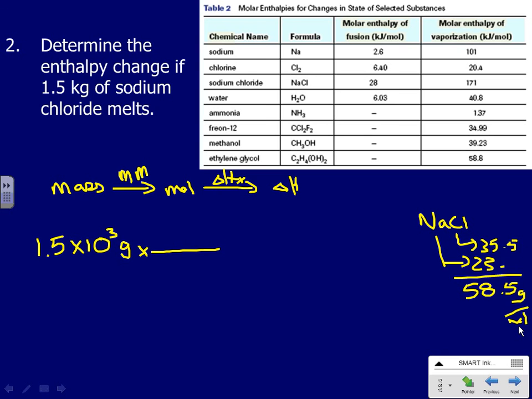Notice I'm looking at the clock, and I really don't care if you know what I'm doing at this point or not. Watch the movie. I've turned it into 58.5 grams per mole. I want to get rid of the grams. 58.5 grams per 1 mole.